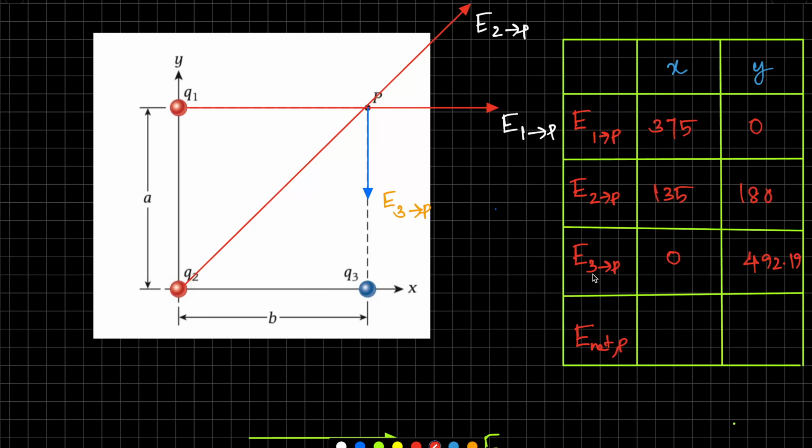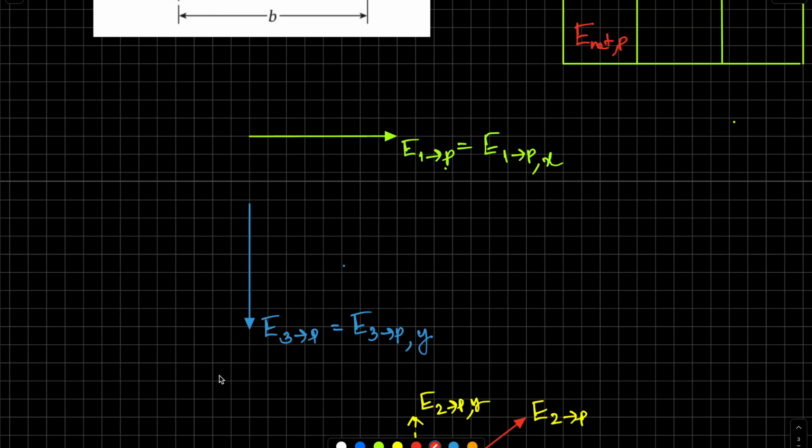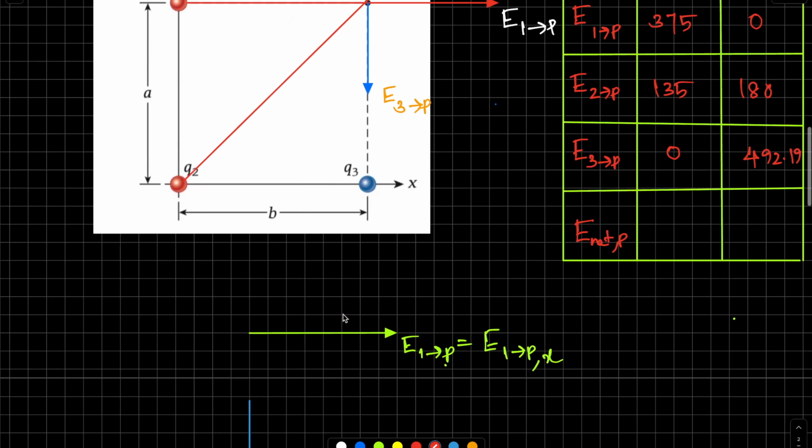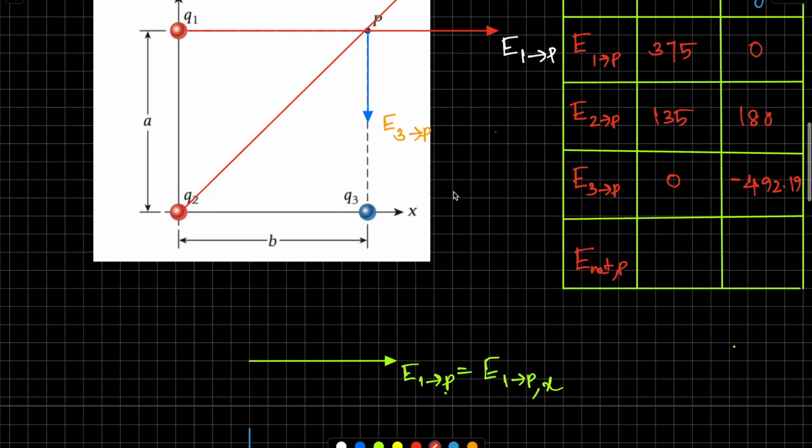There is one more thing. In E3 to P, the y component is pointing downwards, so you should put a negative sign here. This will be minus 492.19.